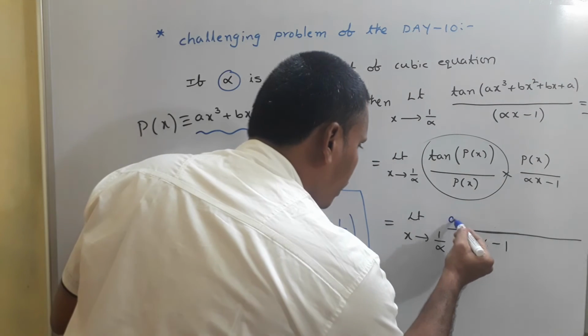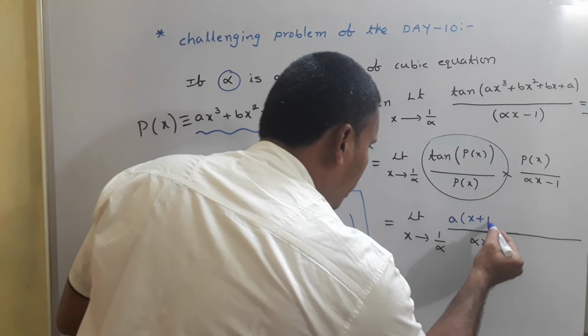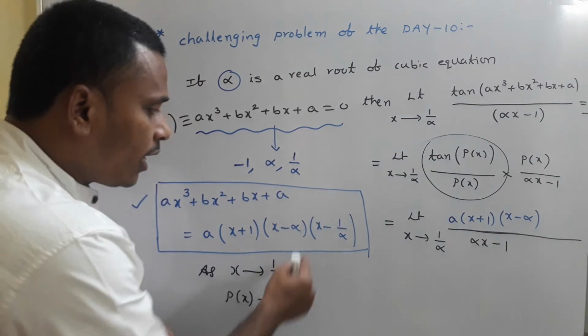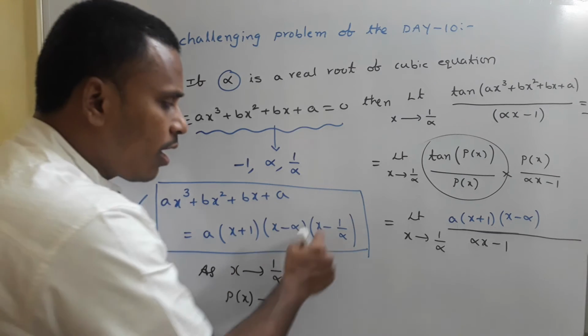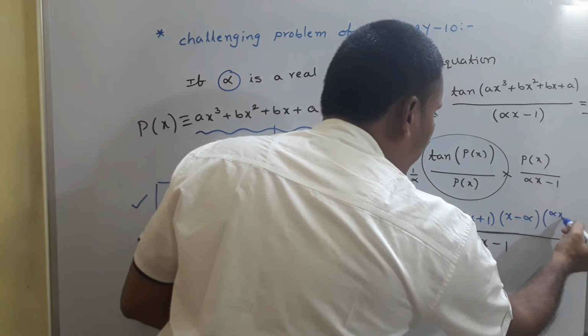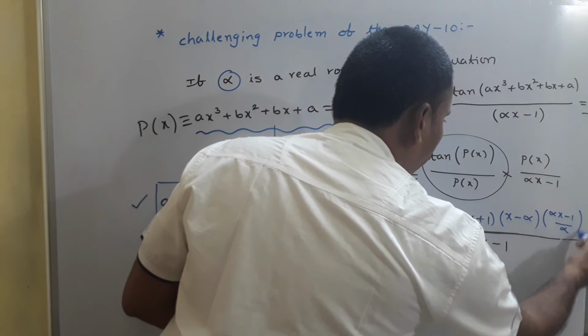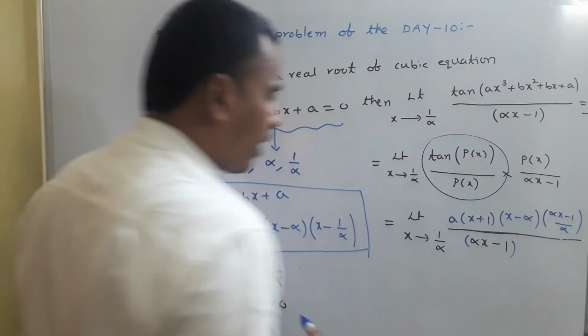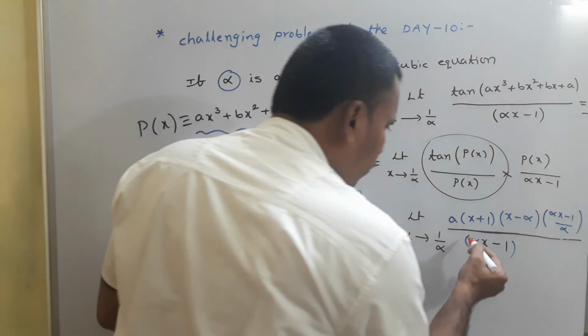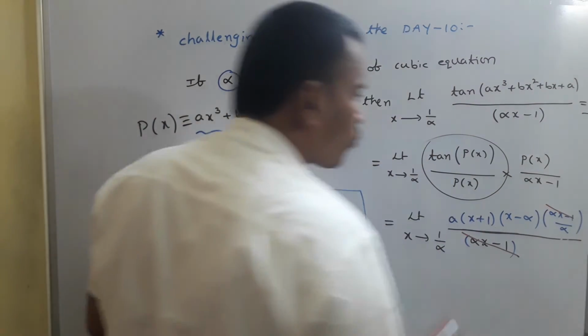What is it? A into (x plus 1) into (x minus alpha) into (x minus 1 by alpha). I am just rewriting it as (alpha x minus 1) by alpha. Here the denominator is alpha x minus 1 clearly. Now it is very easy for us to cancel out alpha x minus 1.